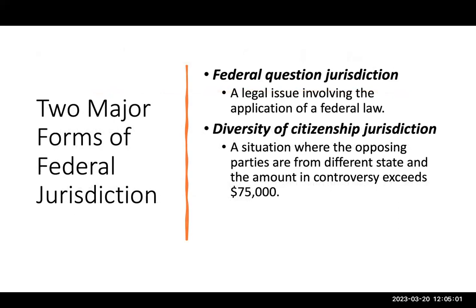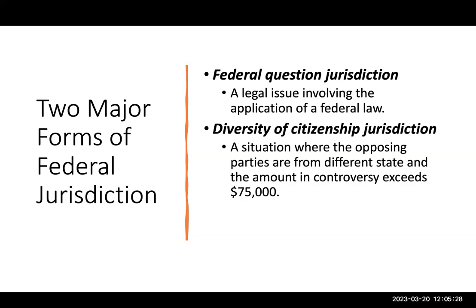Two major forms of federal jurisdiction. One is whether or not a federal question is involved. Less often, federal courts will hear cases under their diversity of citizenship jurisdiction. This occurs when parties are from different states and the amount in controversy exceeds $75,000.